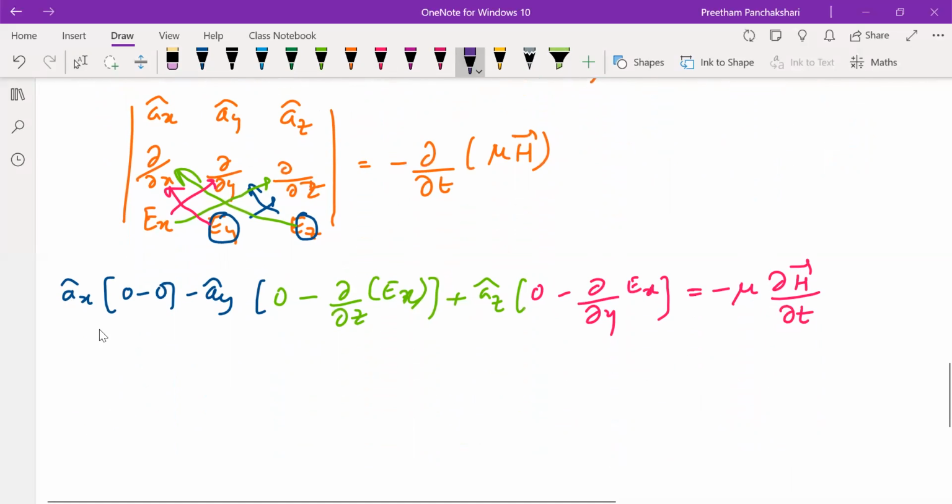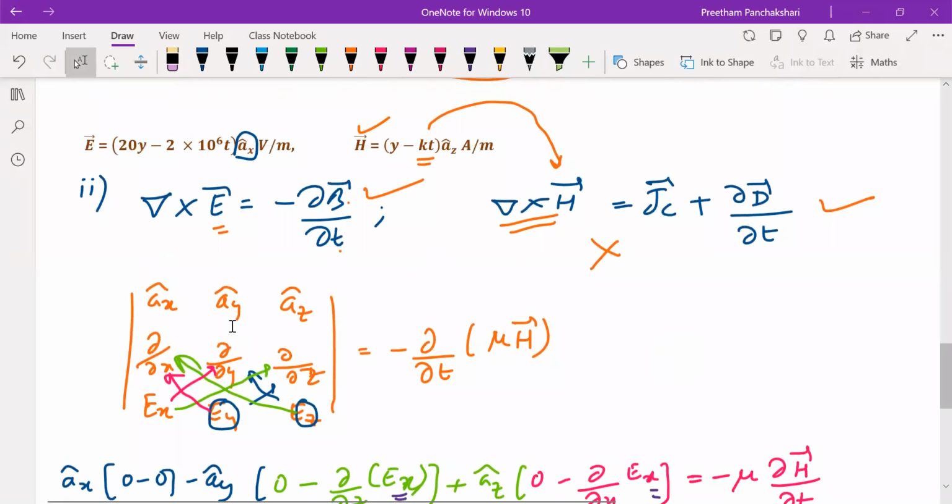Now this is 0 completely. The first term is minus A cap Y. Let us check. We have to differentiate Ex with respect to Z, and here Ex with respect to Y. Ex contains what? Look at this one. Here E contains Y. Let us take out this equation here.